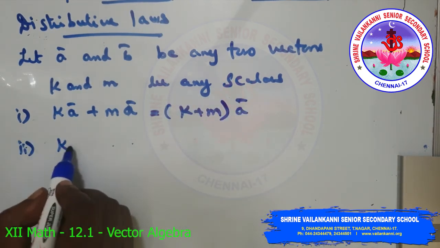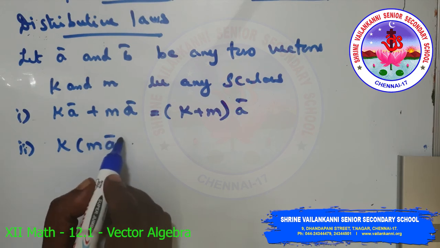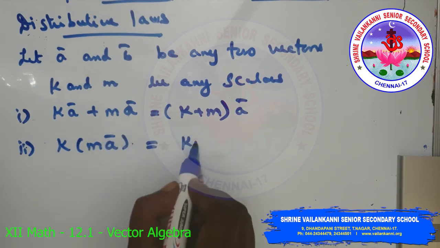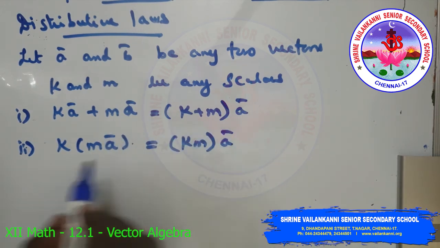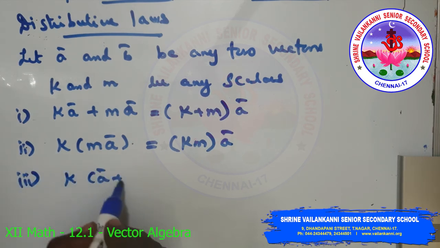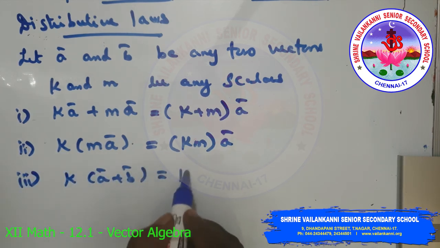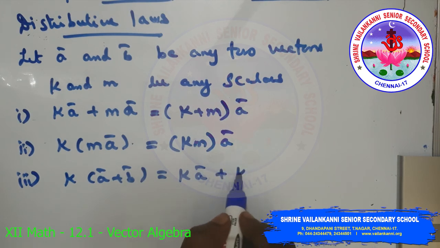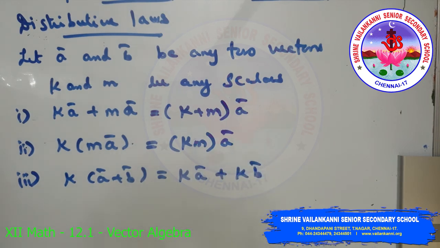Second, k into m into A vector is equal to km into A vector. Third, k into (A plus B) is equal to k into A plus k into B.